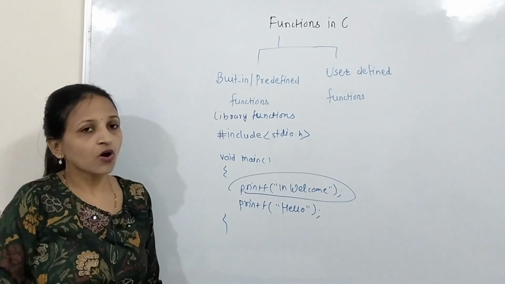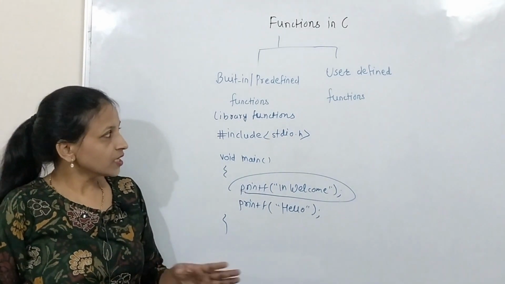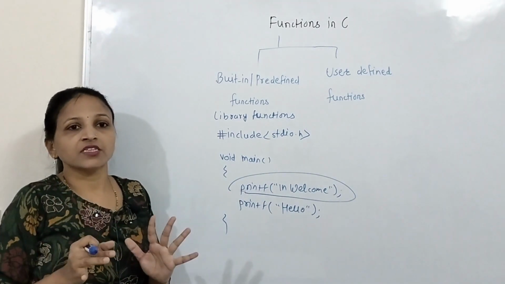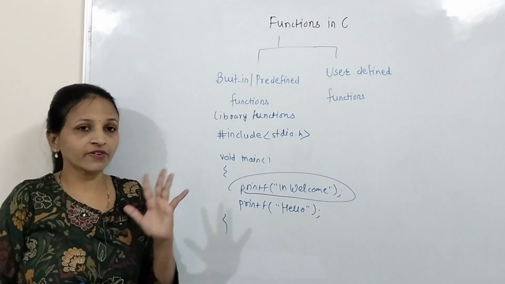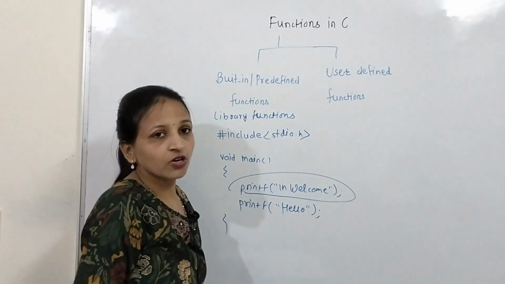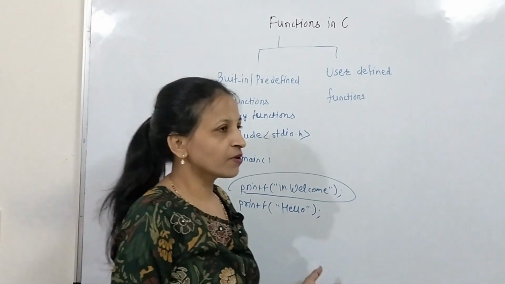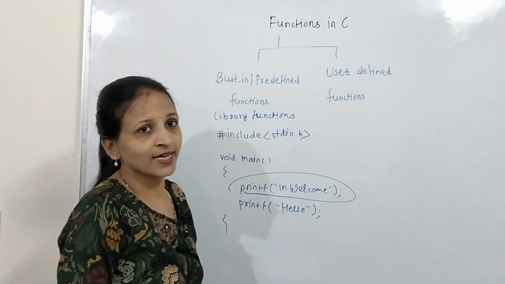All these functions whatever we have used are present in header files, and those header files are already defined by the language itself. Those functions written in those header files are called built-in or predefined or library functions. Suppose a programmer wants to do the sum of two numbers, then there is no ready-made or inbuilt function for that addition.